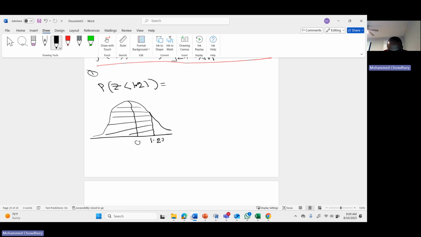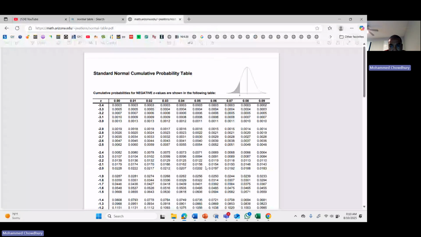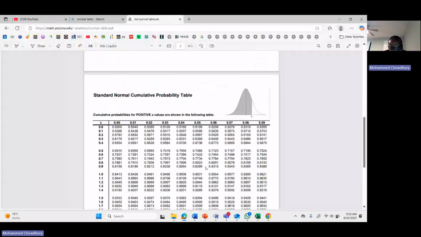I want to open that one. Okay, normal table. 1.21, right?